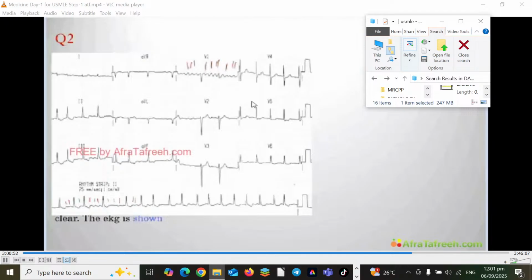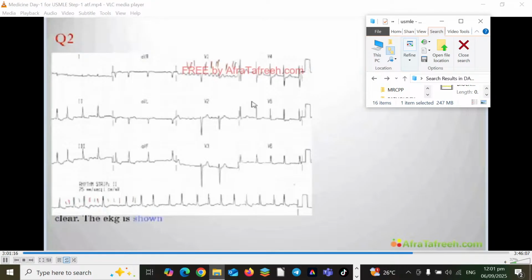The AV node will regulate some of the contractions. But what if different segments of the atria start contracting like this? When the atria, rather than contracting as a single unit, starts contracting as fibers, it is called atrial fibrillation.